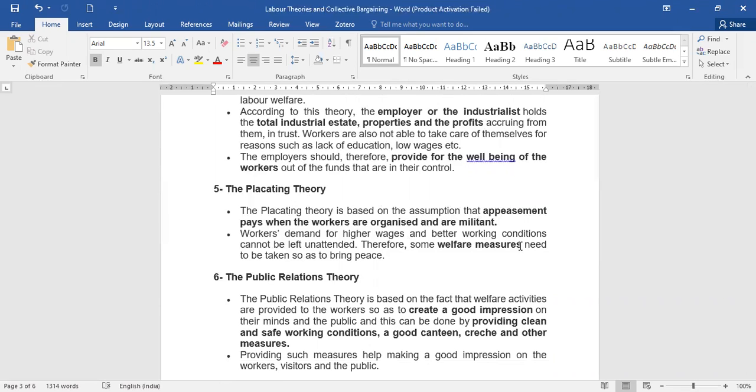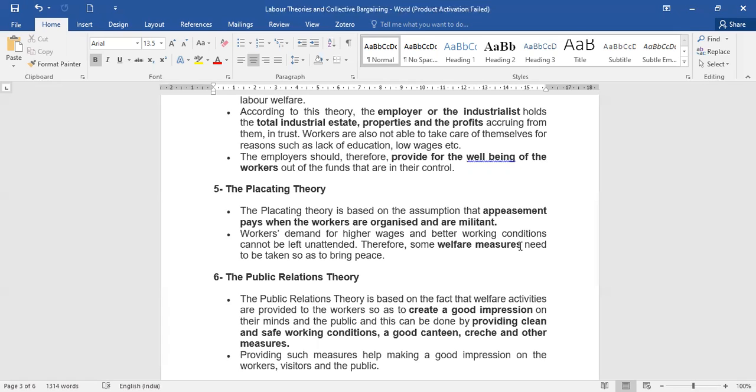For example, when workers demand high wages or better working conditions, these cannot be left unattended. It is not that they are just demanding this and are not interested in doing the work. So all these things will definitely not work out in the best possible manner.